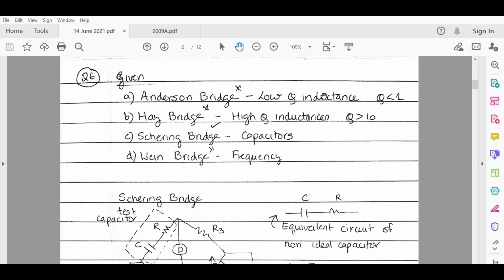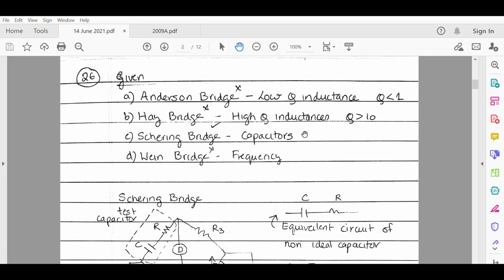So these both options are not correct. Now Schering bridge is used to measure capacitances, so this is the correct option. And Wien bridge is used to measure frequency, so this option is also not correct.